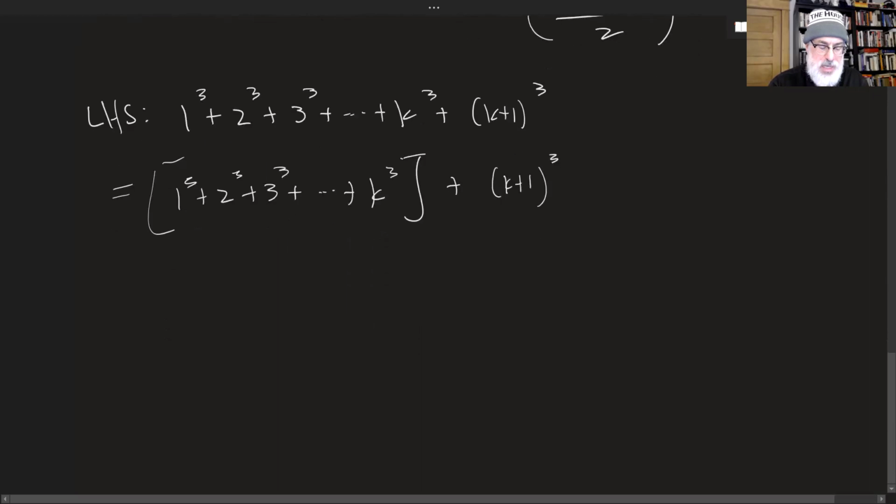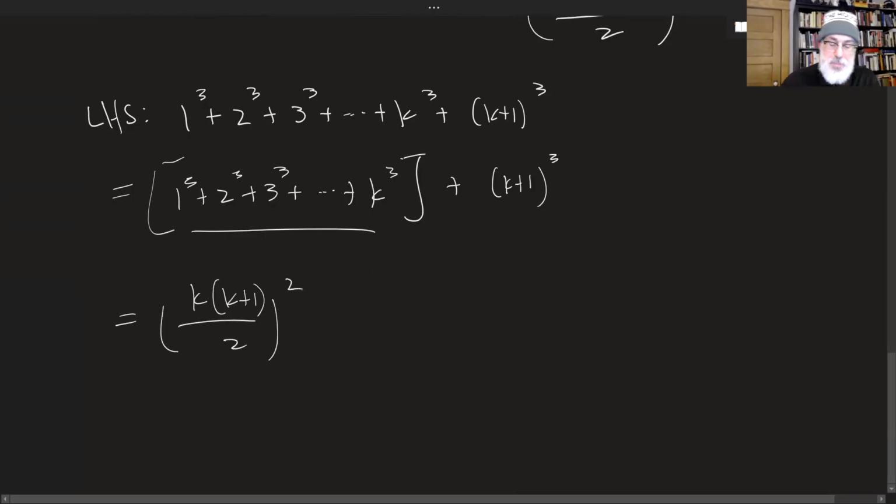more clearly that 1 cubed plus 2 cubed plus 3 cubed all the way up to k cubed, that's our induction hypothesis. That was the assumption we made. And we said that this summation here is equal to (k plus 1) divided by 2, squared. So I'm going to replace it with that because that's our assumption.